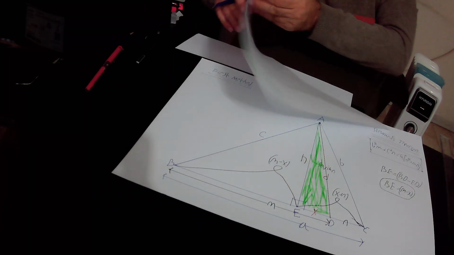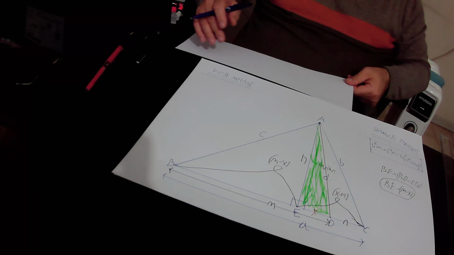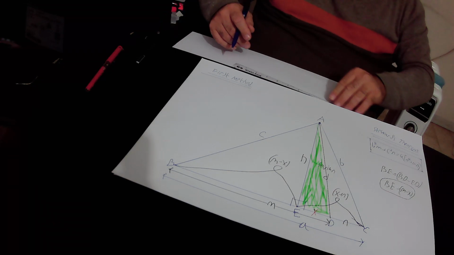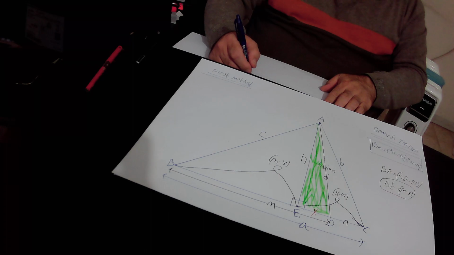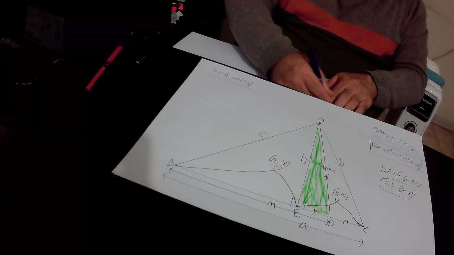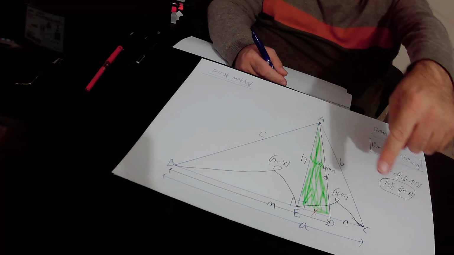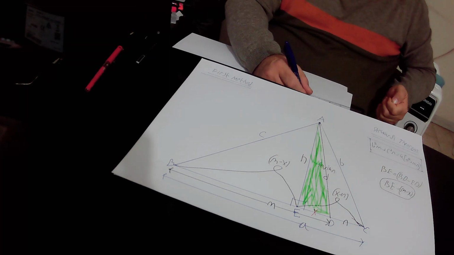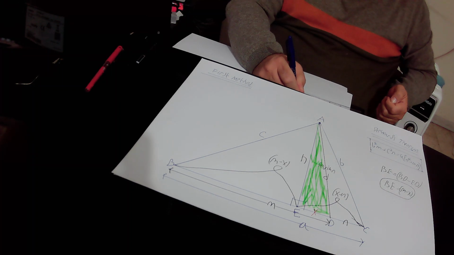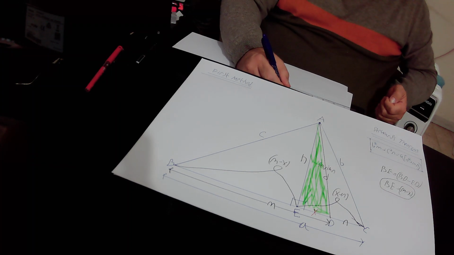In the next step, we will implement the Pythagoras theorem in the right triangle AEC. Again, PT is short for Pythagoras theorem.